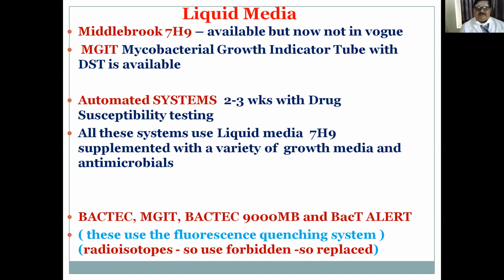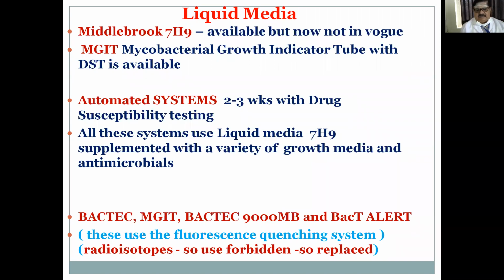Liquid media, again to draw your attention, middle group 7H9 or 7H11, and automated systems take only 2 to 3 weeks, whereas culture takes 2 to 8 weeks. So definitely you have an added advantage of time. All these systems use the liquid media 7H9 supplemented with a variety of growth supplements and antimicrobials, to stop the growth of other microorganisms.